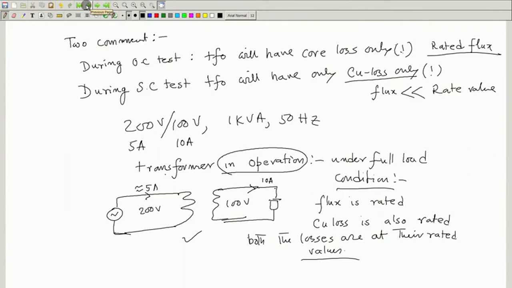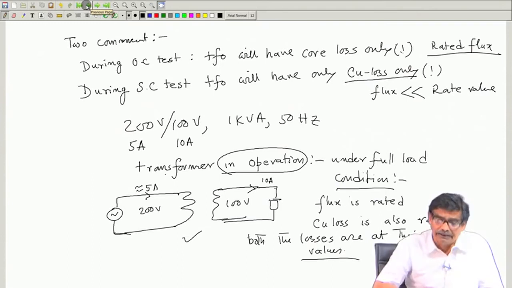You cannot neglect one loss with respect to another during operation, because rated flux is there, and hopefully you are efficiently using the transformer so that rated currents are carried by the coils. Our target will be to see such a condition prevail, then only is the transformer in full operation. Rated currents it is carrying, rated flux it has produced, this is the way.